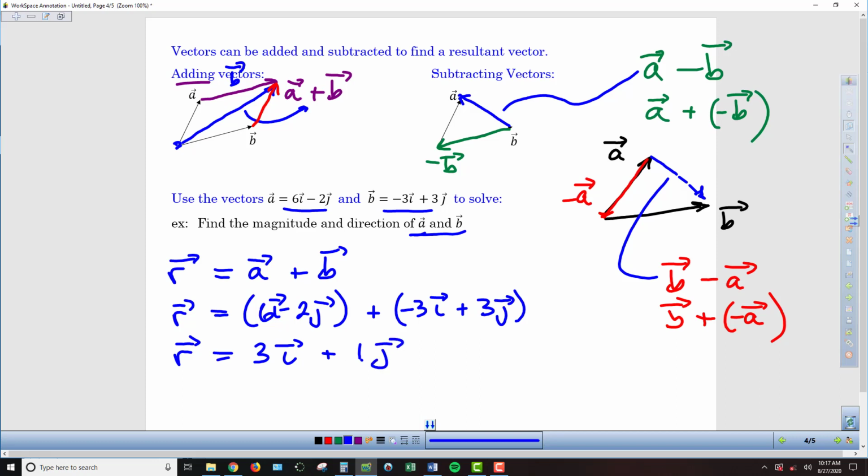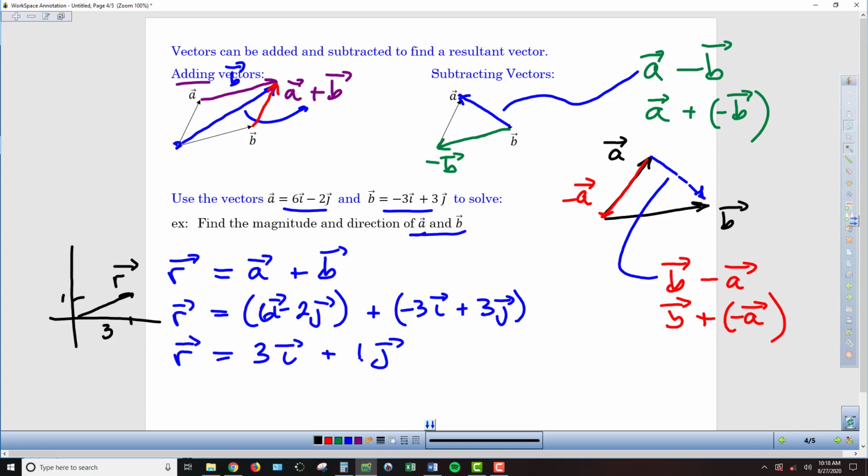Now I have the components of my resultant vector. But we were asked for the magnitude and the direction, so I'm going to sketch this. I'm here in the first quadrant, going over 3, going up 1, so here's my vector R. We want to find the magnitude and the direction of that.